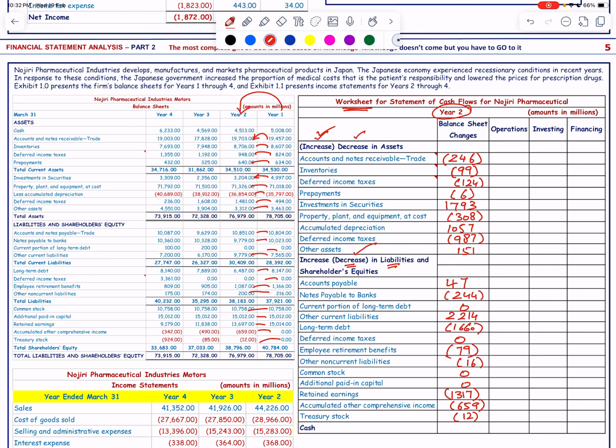Now if we are going to add up these values together, the total is negative 495. And to verify whether we have made these calculations correctly or not, we have the cash over here as 495, and if you look into the difference between the cash for year number 2 and year number 1, that is also negative, that is a decrease of 495, and that's why we have put these values correctly.